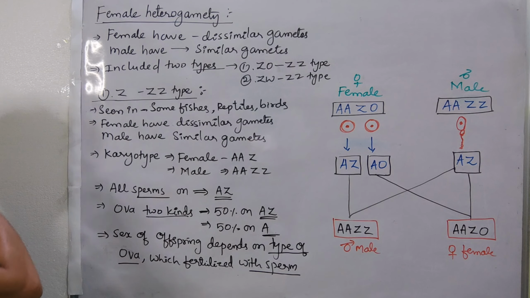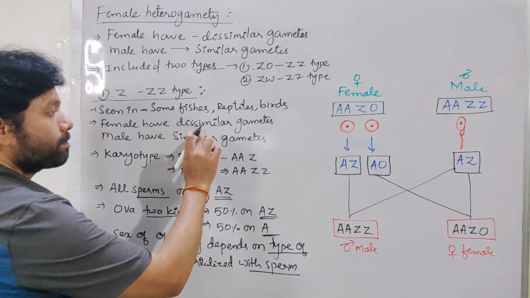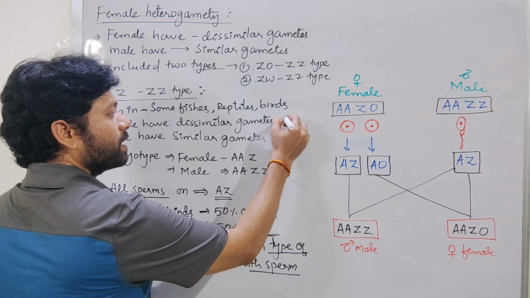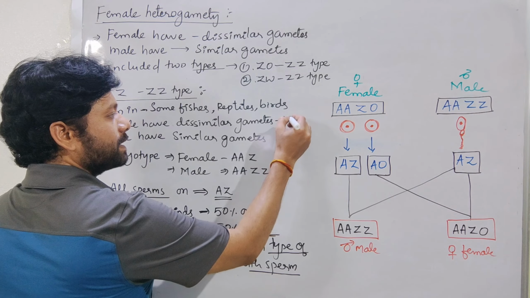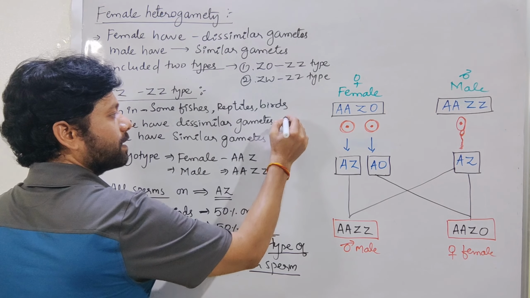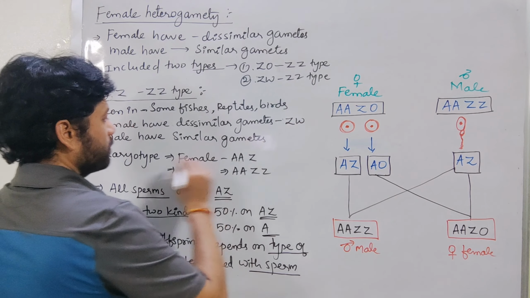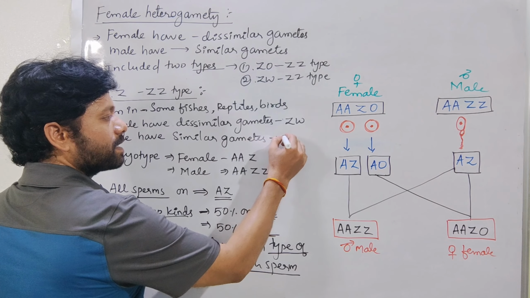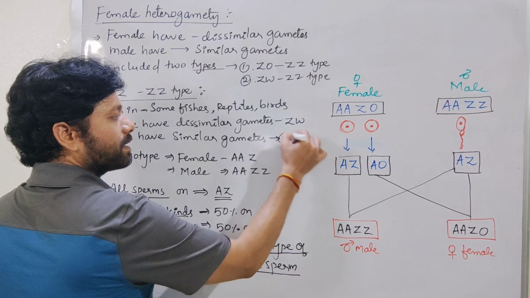The female has dissimilar gametes, that is ZW. The male has similar ZZ.